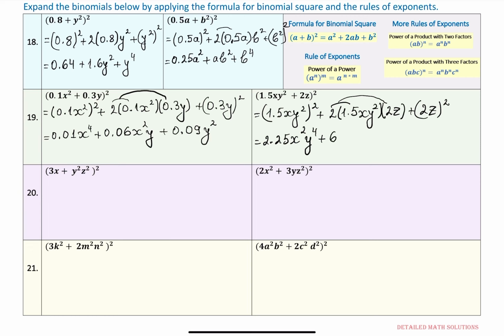Therefore, this is 6xy²z plus 2 squared is 4z².